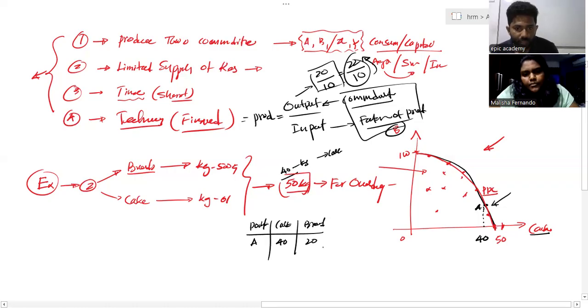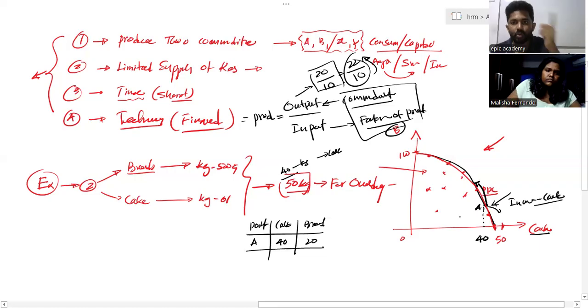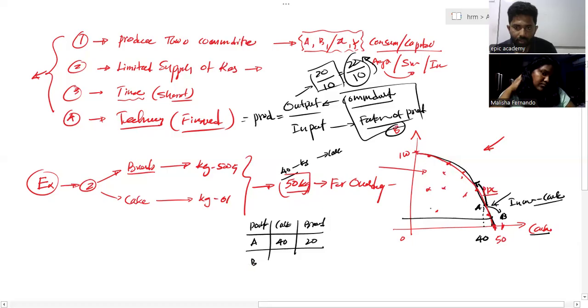Right. And then the production is going to change. Now we are going to increase the production of cake from 40 to 45. We call it point B. This is point B. Literally, you can identify you have to reduce the production of bread.